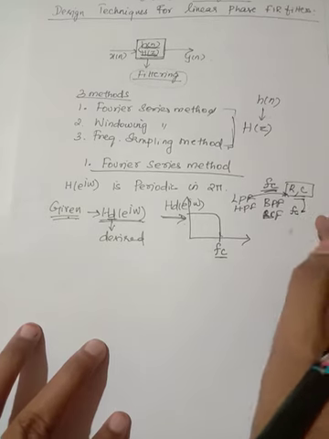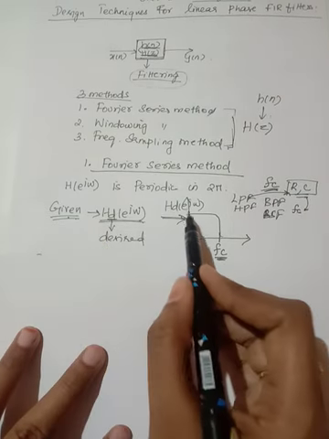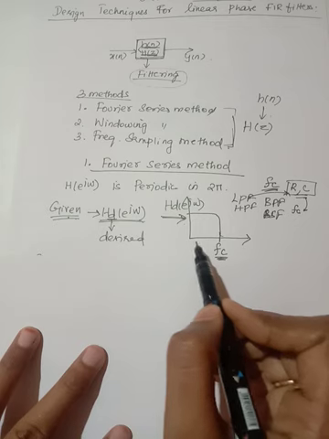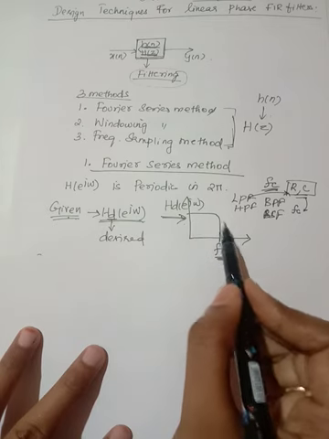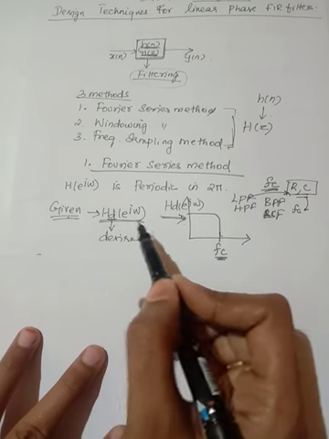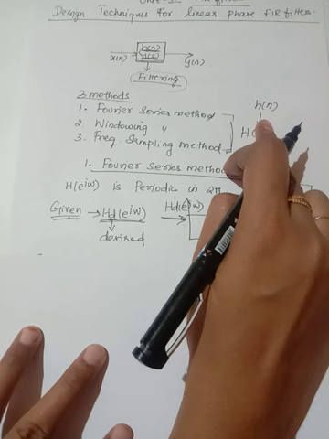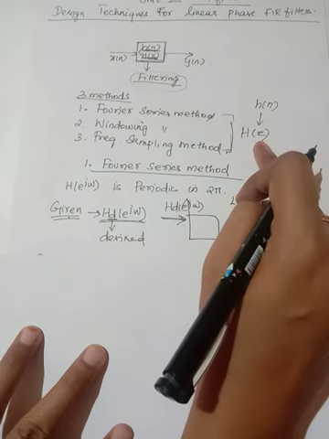The same procedure applies here. In the problem they will give the desired frequency response, that is Hd of e power j omega. From the desired frequency response, we need to find this h of n and h of z.